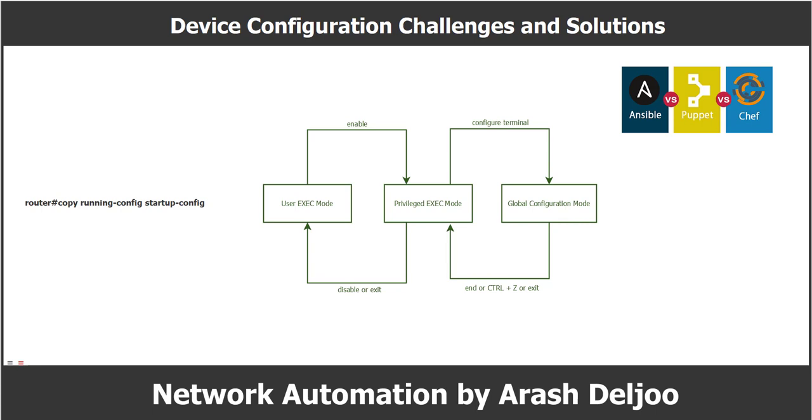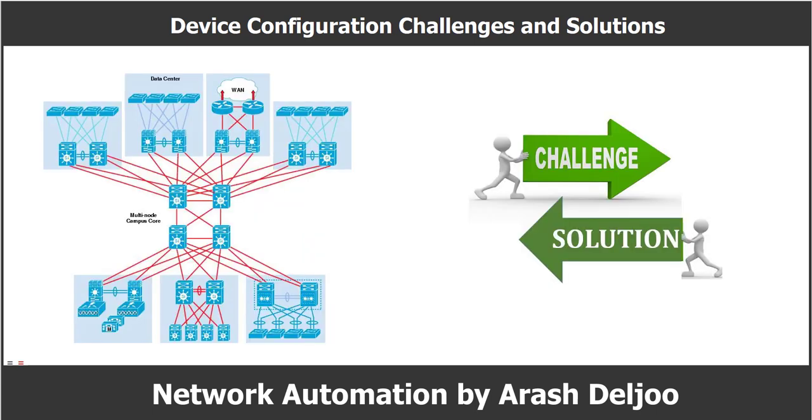About the device configuration challenges and solutions, think about any production network. What defines the exact intended configuration of each device in a production network? Is it the running config as it exists right now, or the startup config before any recent changes were made, or the startup config from last month?